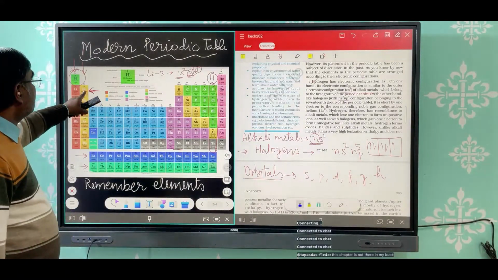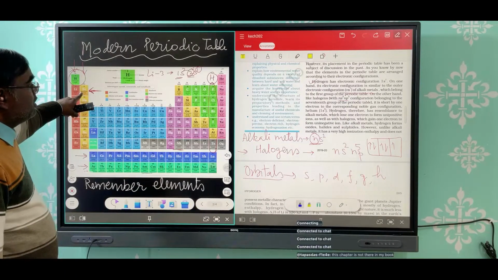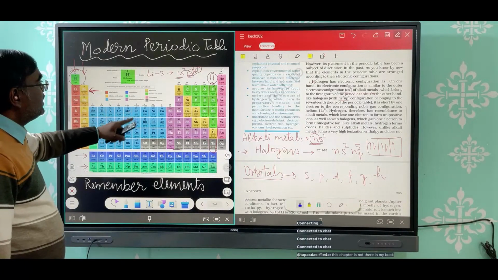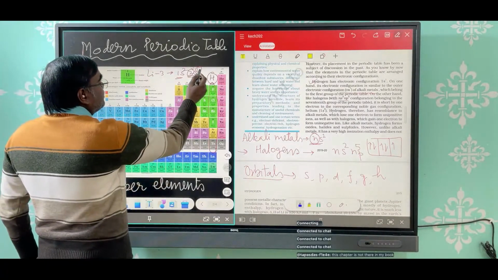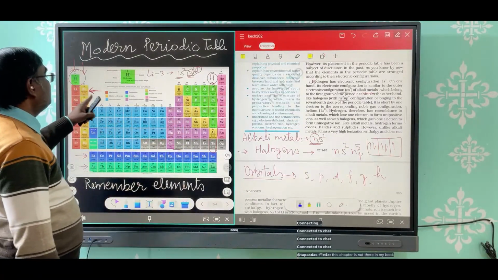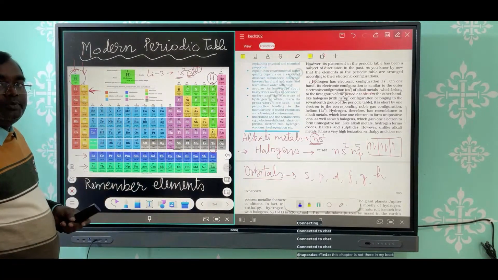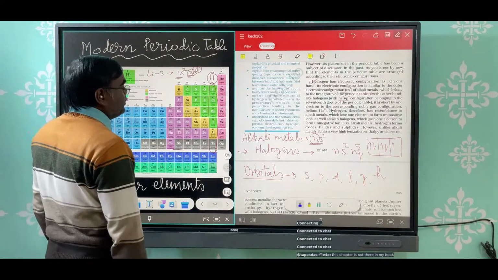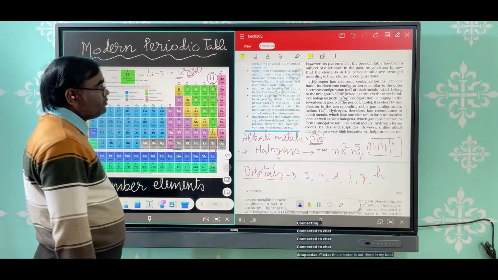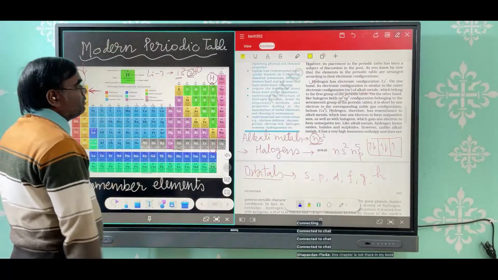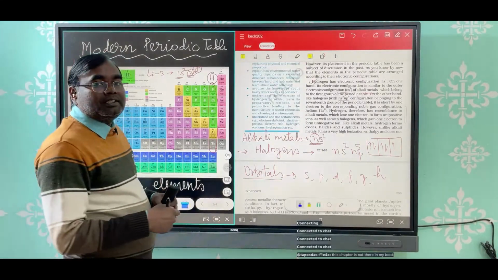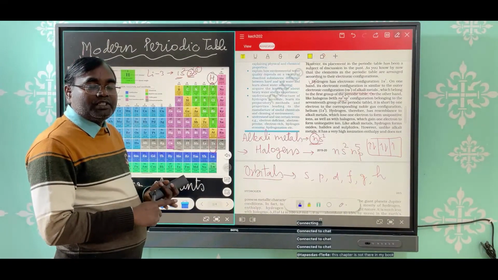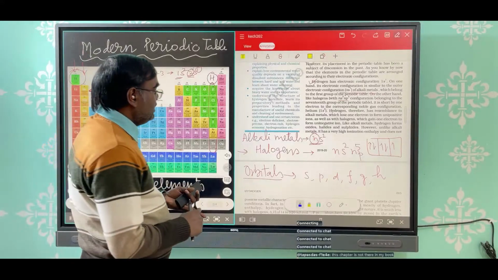This way you can also write for beryllium, atomic number 4, so it will be 2s2, that means group 2 and period 2. Right, I hope you understood. So this is the matching properties of hydrogen with the alkali metals as well as the halogens, that is the non-metals.